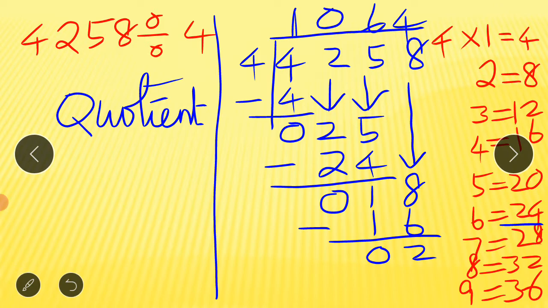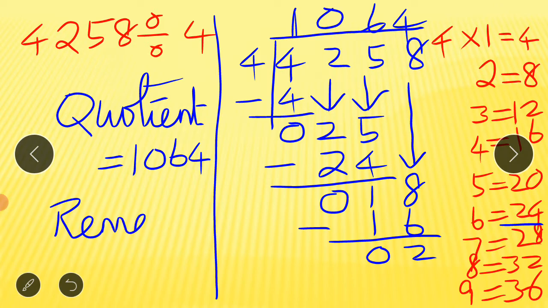We can say Q, the quotient, equals 1064. And the remainder is 2. That's all, the division is over.